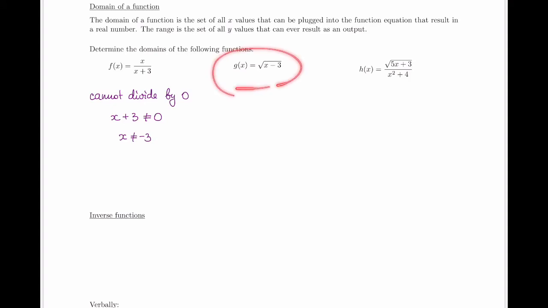For the next function here, we have a square root. Now with square roots, as we've seen before, we cannot have a negative value under the square root. We cannot take the square root, or any even power root at this point, of a negative number. So that means that whatever goes under the square root has to be positive.